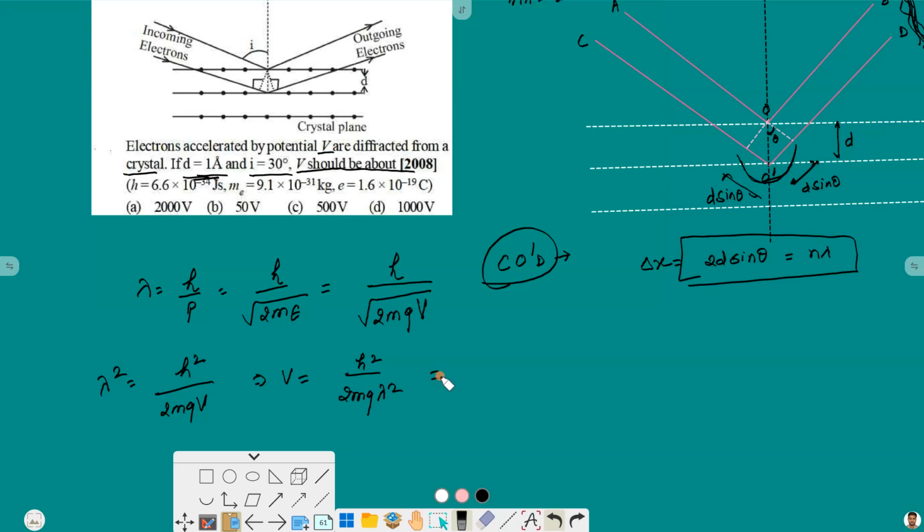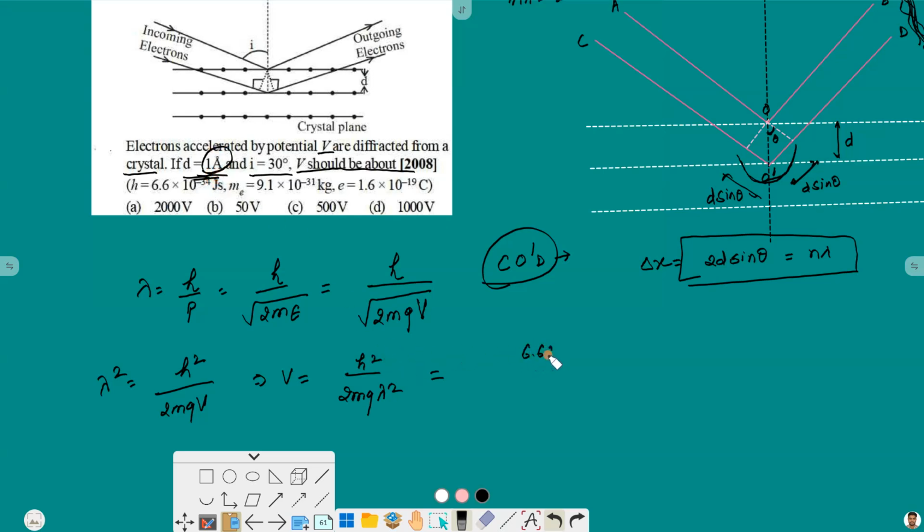Now the value of h we know, the value of lambda we have to calculate here. We also know for diffraction that lambda has to be of the order of atomic spacing, and here the spacing is around 1 angstrom. So we can use that value.